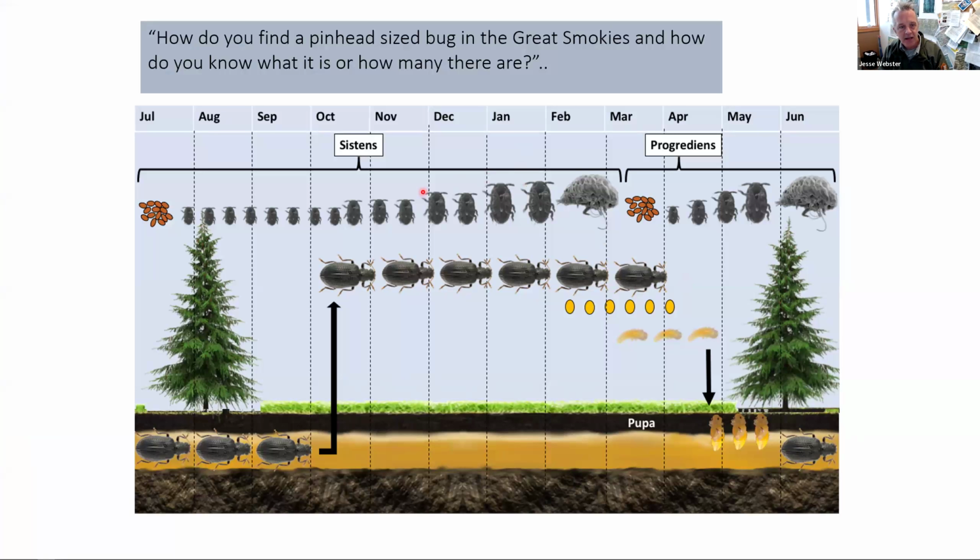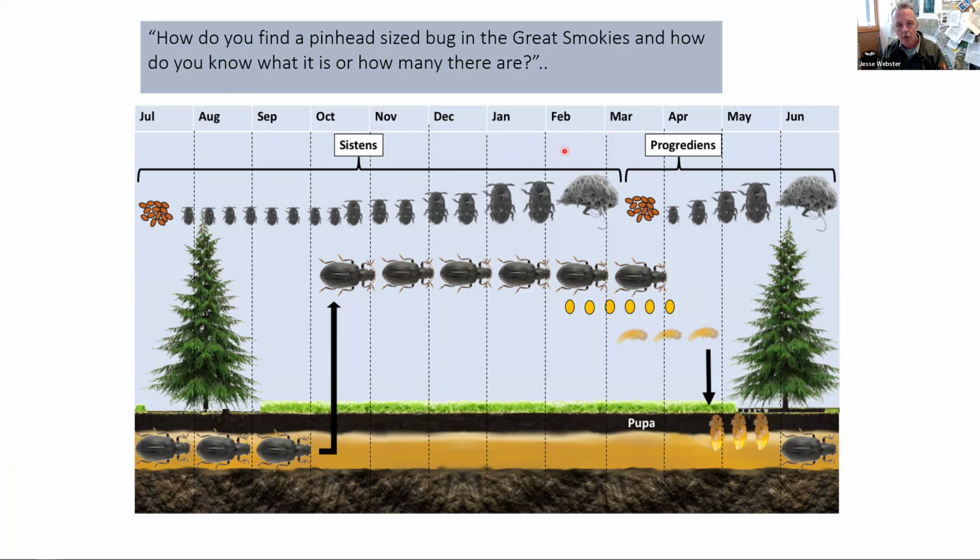Wanted to highlight some of the life cycles here. Again, back to the sistens and the progrediens. Just thought you might find this of interest. And here's the Laricobius beetle that's actually an adult form in the ground. And then when the Adelgid really breaks estivation and starts putting on wool, that's when we're able to go out and find beetles, collect them if needed, move them around.